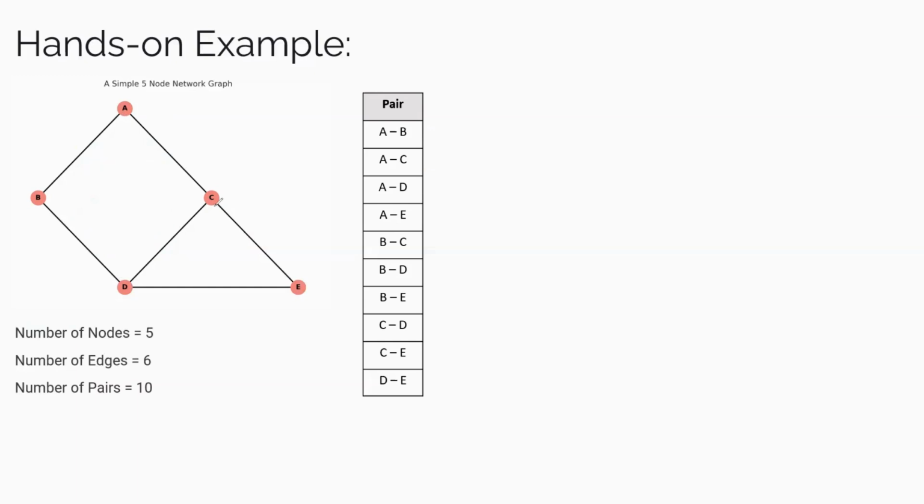Next, we'll move on to the pairs which start with B. For BC, we don't have a direct connection, but we can see connections between B and C as BAC and BDC.